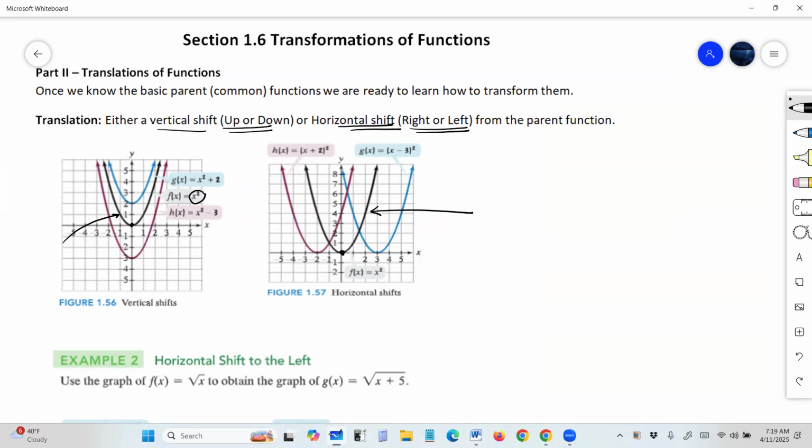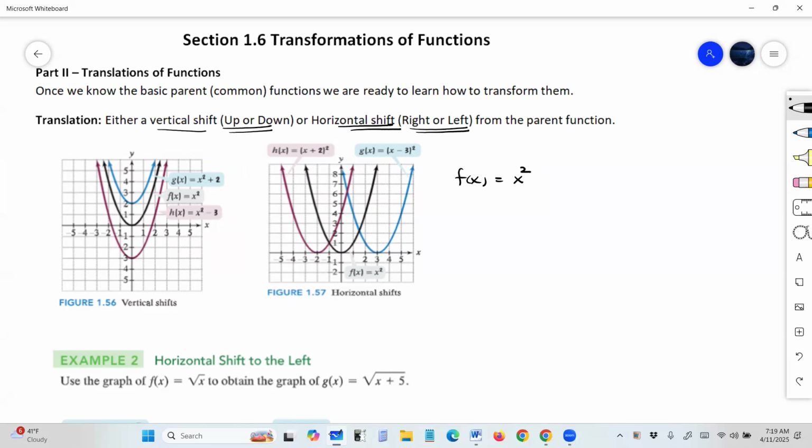So there are two types of transformation: vertical shift, up or down, and horizontal shift, right or left. How do we identify them? I'm going to make an observation here which is critical that you understand. I'm glad your book used the quadratic function because it's a very good example.